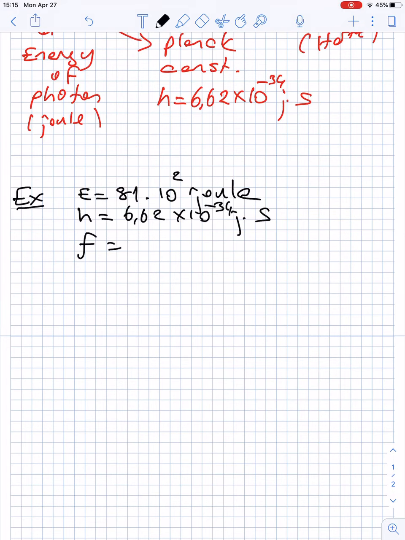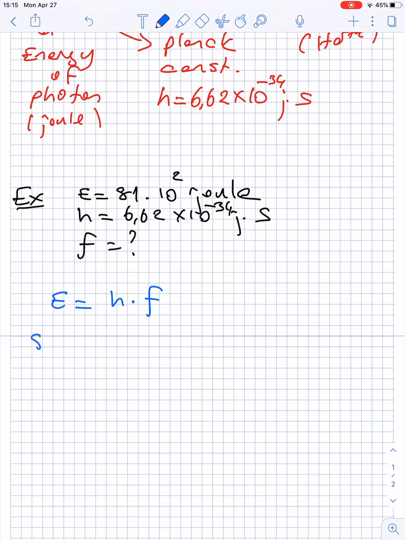What is the frequency of the resultant radiation? Our formula: energy of photon is equal to H multiplying F.